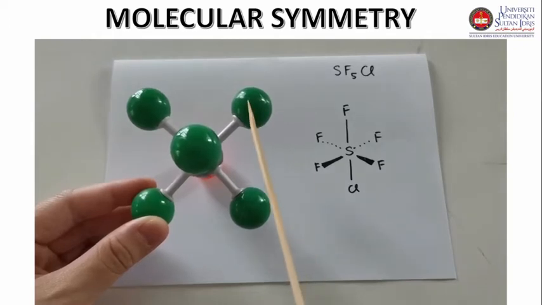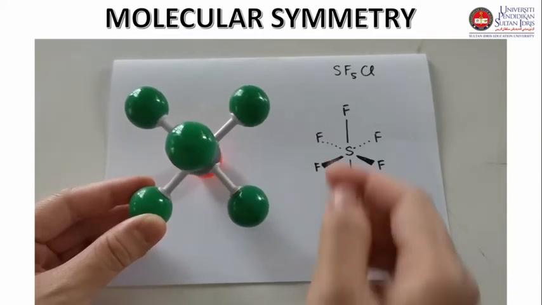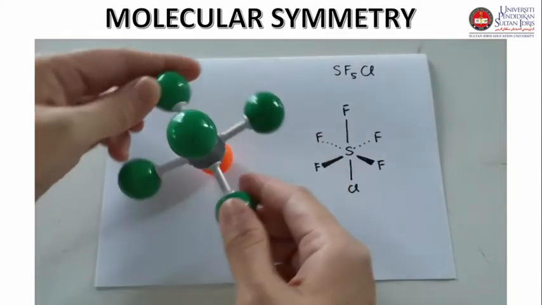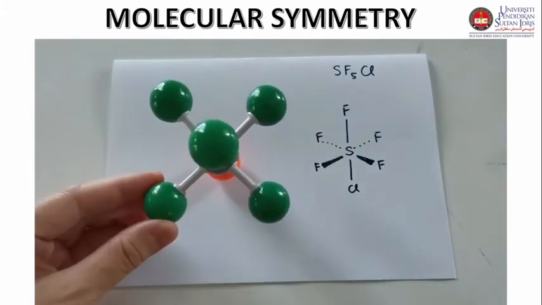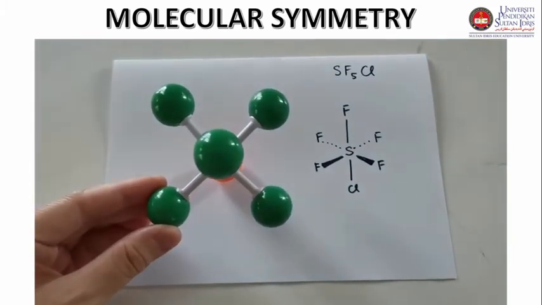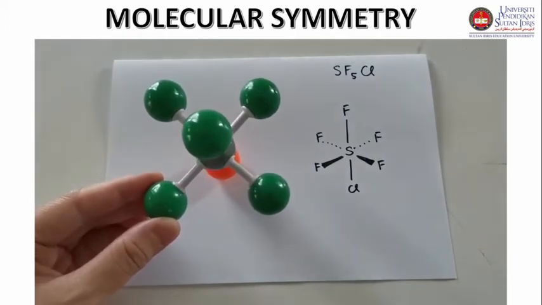Now we check the C2 axis. If we rotate this atom to this, the angle is 180 degrees. If we rotate this, we also get an equivalent configuration. As you can see, guys, this is the equivalent configuration, meaning there is a C2 axis also.